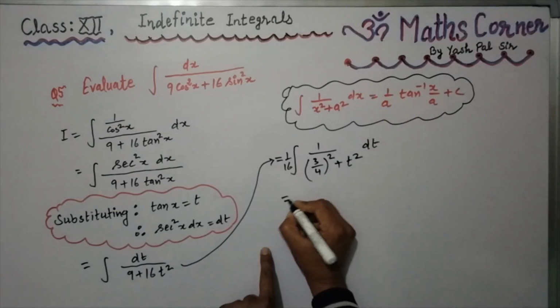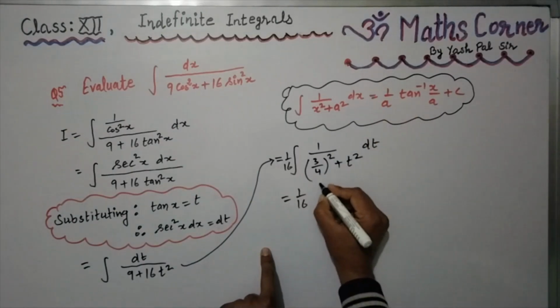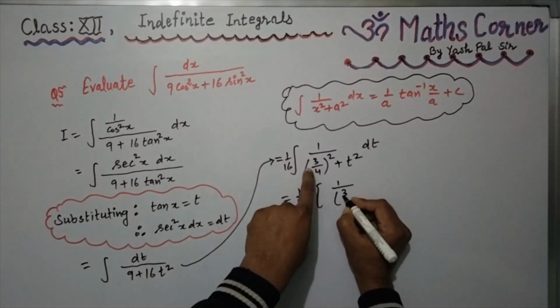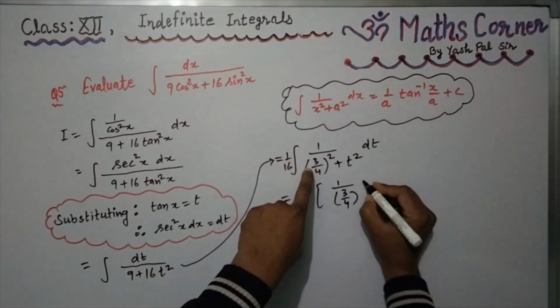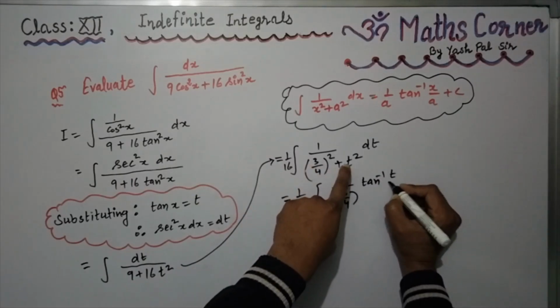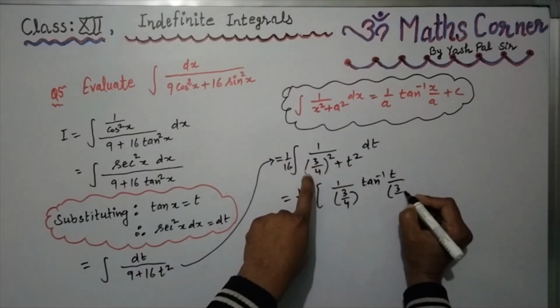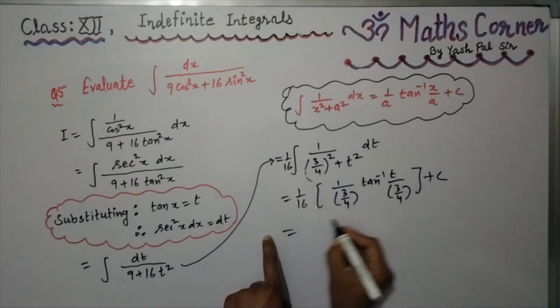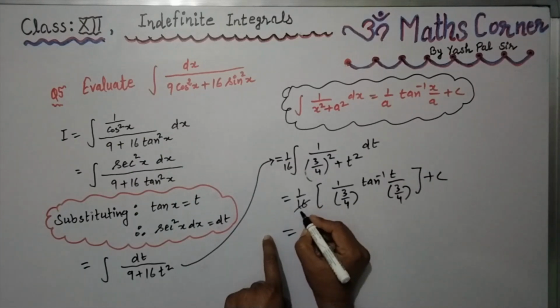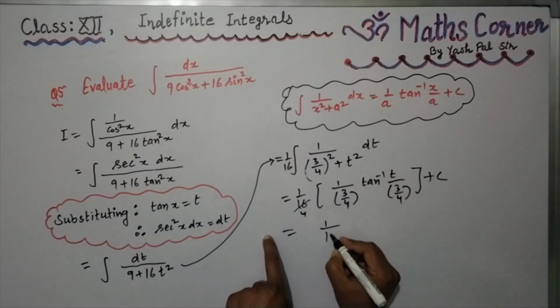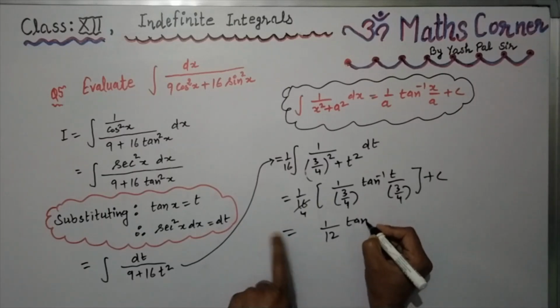So x square plus a square. X is t, a is 3 upon 4. So our question becomes 1 upon 16 into 1 upon a. 1 upon a is 3 upon 4 into tangent inverse x upon a, x is t, a is 3 upon 4, plus c, which again can be written as 4 fours are 16.